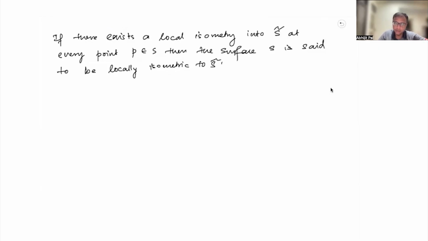Okay. Let me give you an example of a local isometry which is not an isometry.